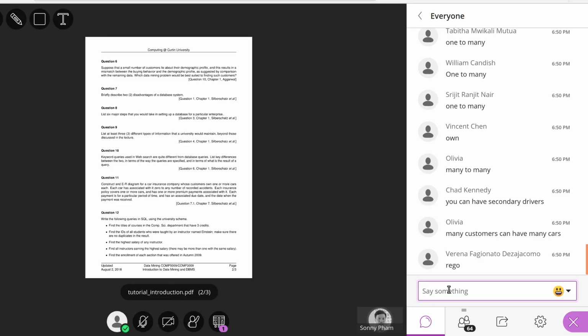Registration, yeah, you can have joint drivers. Rego as well, yeah. Right, any other suggestion? Definitely, one customer may have one or more cars.